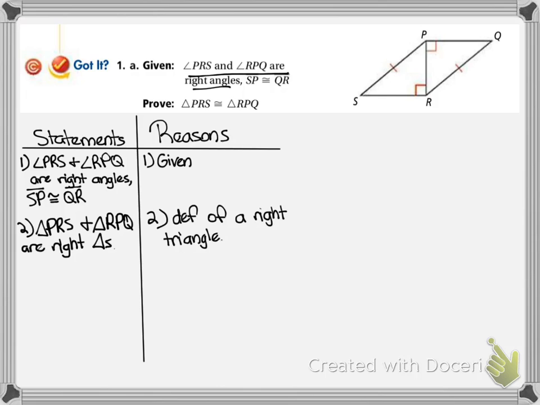Okay, so we've got that. So we're setting ourselves up to use the HL theorem because now we know it's right triangles. Now we know that SP is congruent to QR. That's the hypotenuse of each triangle. And so now we just need a leg to be able to say that the triangles are congruent. The only leg we have here is PR. PR is in both triangles, so we know that PR is congruent to itself by the reflexive property.